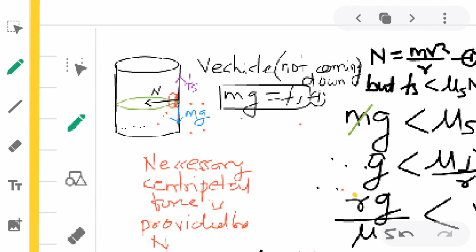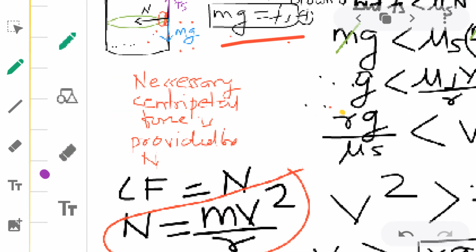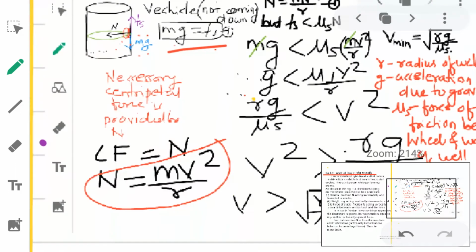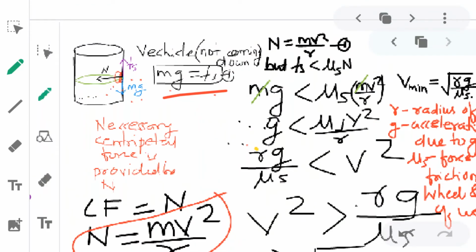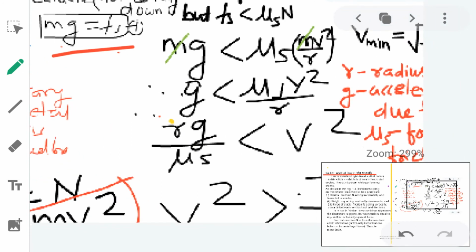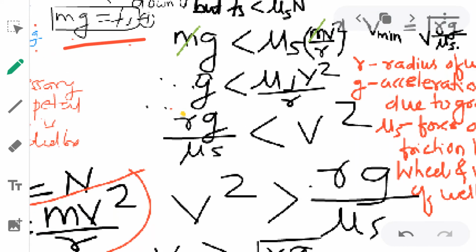Now mg is equal to Fs. The vehicle is not coming down means the forces Fs and mg are balanced. Mg is equal to Fs. Now the necessary centripetal force is provided by the normal reaction, N is equal to mv square upon r, but Fs is less than or equal to mu s into N. Then mg is less than or equal to mu s mv square upon r. m gets cancelled. g is less than or equal to mu s v square upon r.